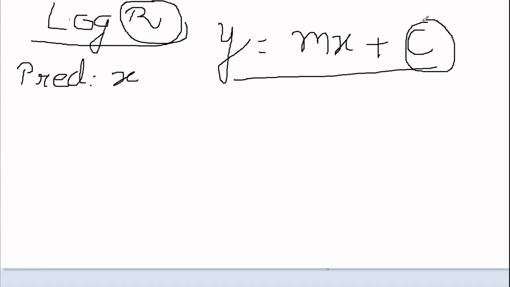So this is the intercept or the bias, and this m is the weights. So what we usually do is we predict this m and we predict this c, put it in this equation, and we predict the y, right? The x is usually given as the feature. That's what we do in linear regression.